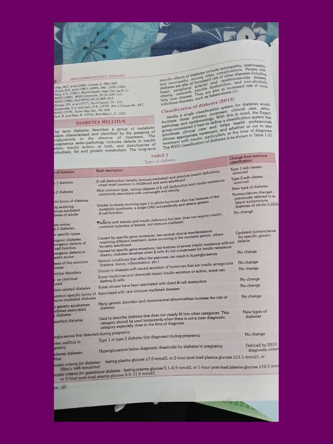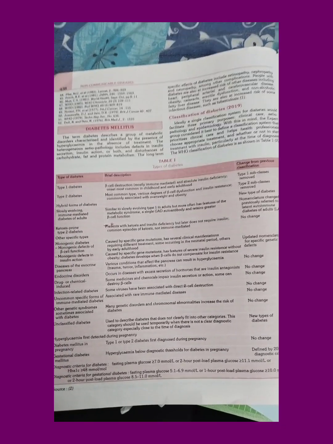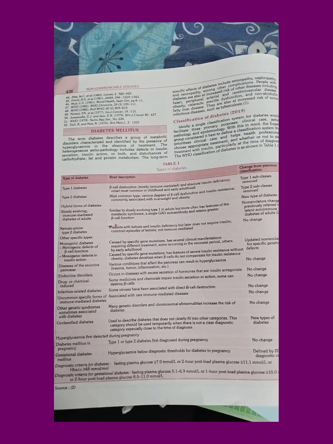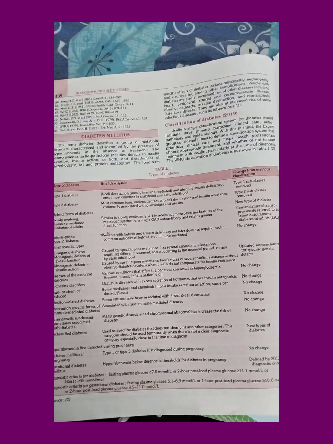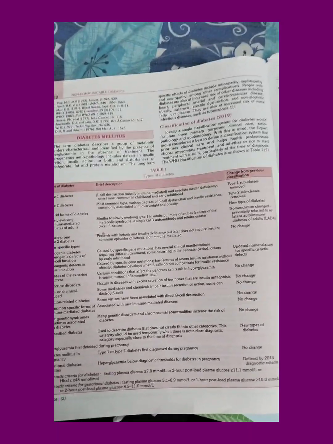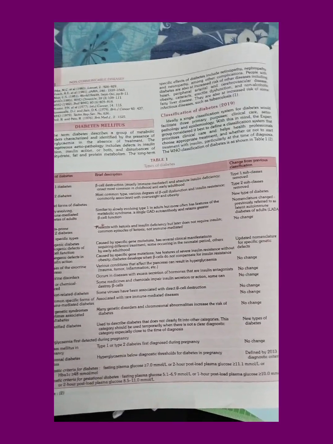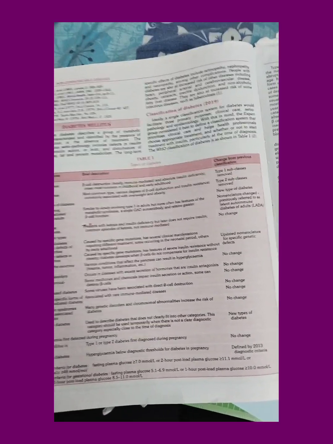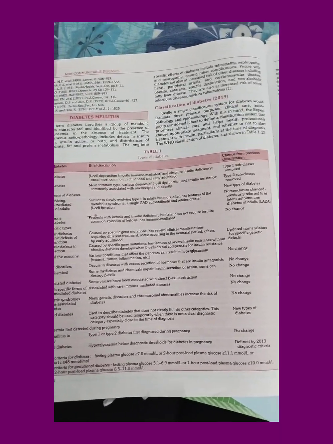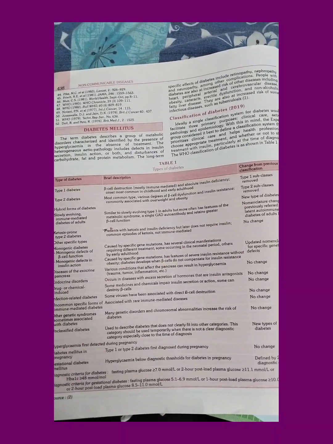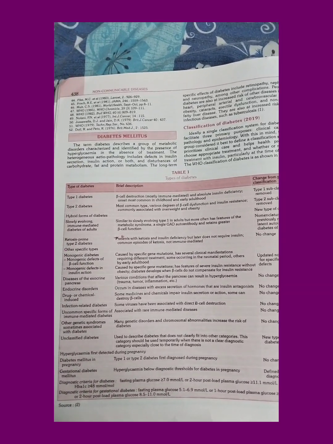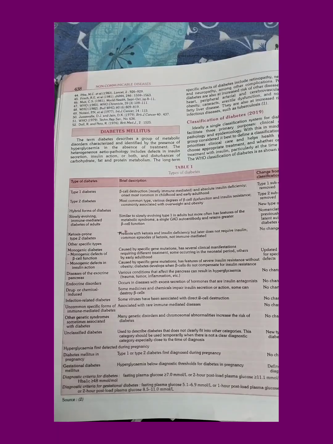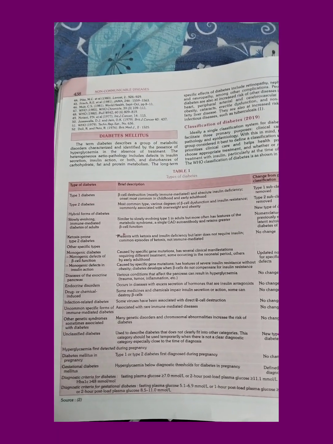From a clinical point of view, we know there are two types of diabetes: type 1 diabetes and type 2 diabetes. Type 1 is usually seen in the young and type 2 is seen in adults or the elderly, most commonly greater than 50 years of age. Other forms of diabetes also exist.